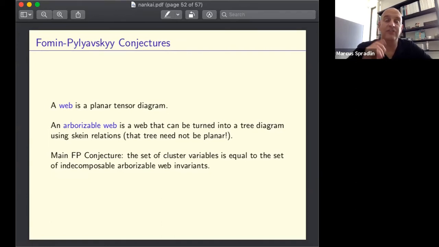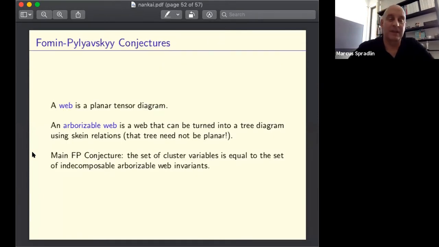Now, importantly, that tree diagram need not be planar. So you have to start with a planar diagram that's not a tree. And if you're able to use skein relations to turn it into a tree diagram that's possibly non-planar, then it's arborizable. So the main Fomin-Pylyavskyy conjecture for our application is that the set of cluster variables for the Gr(k,n) cluster algebra is equal to the set of indecomposable arborizable web invariants.